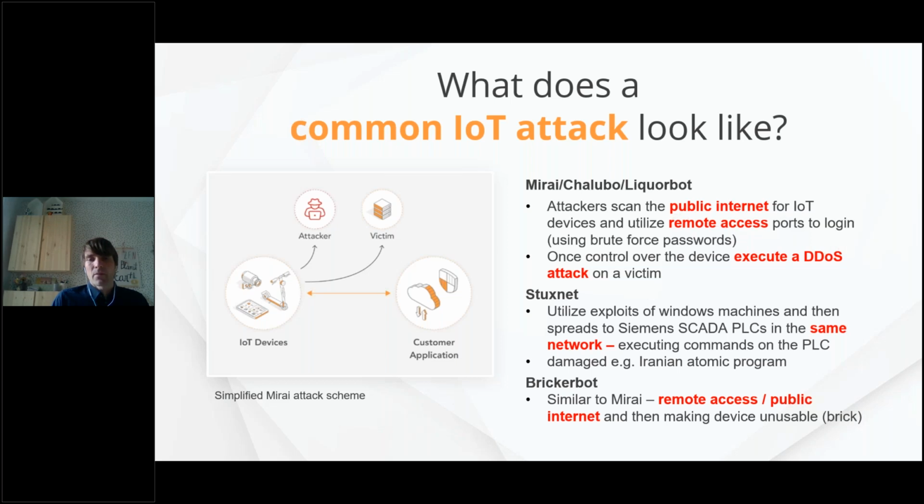Once it gets into a workstation, it tries to look on the private network of that company for specific programmable logic controllers, these PLCs from Siemens, in the same network, and then executes commands on these PLCs. This led to the turbines in Iranian atomic facilities running wild, and really caused a lot of trouble there.